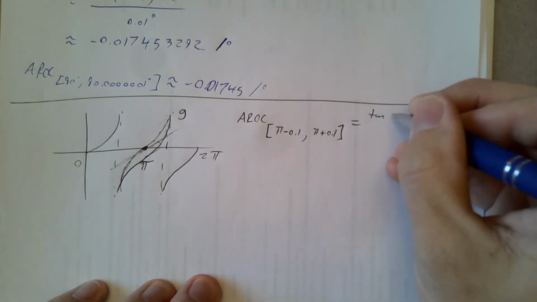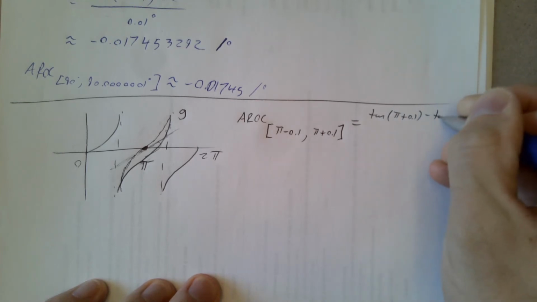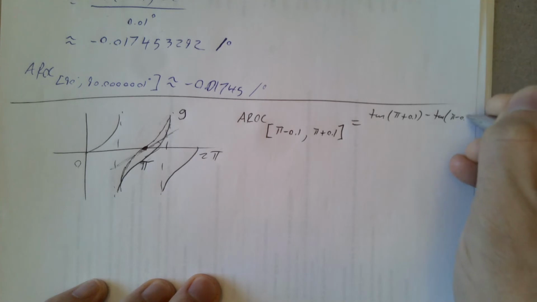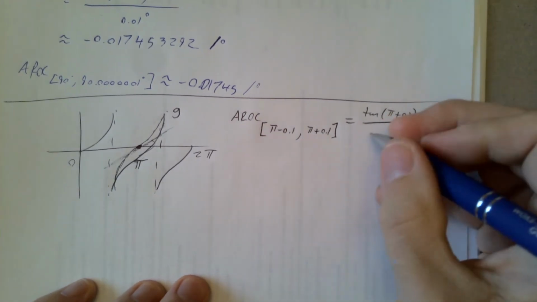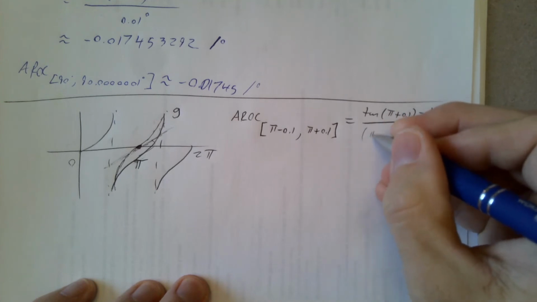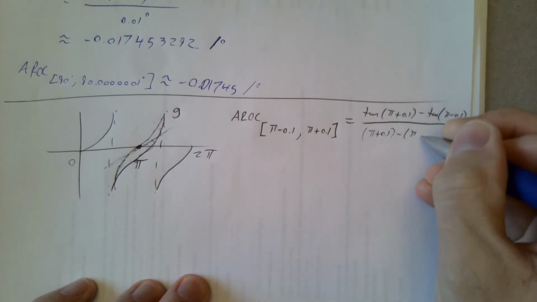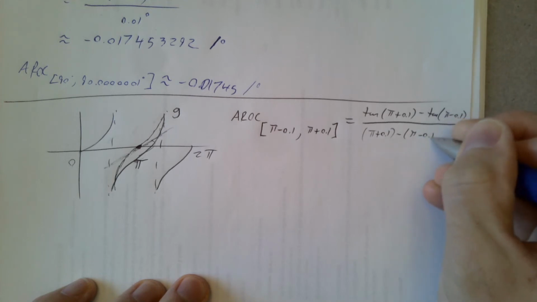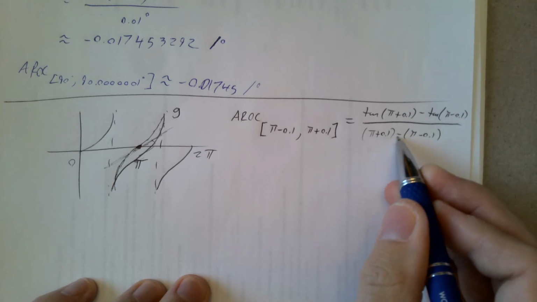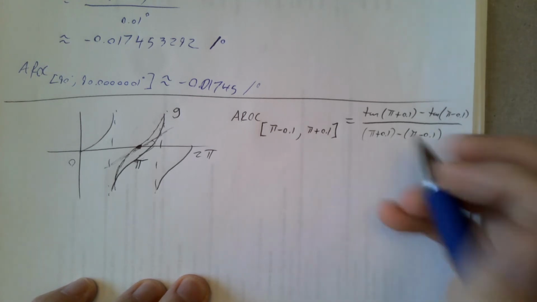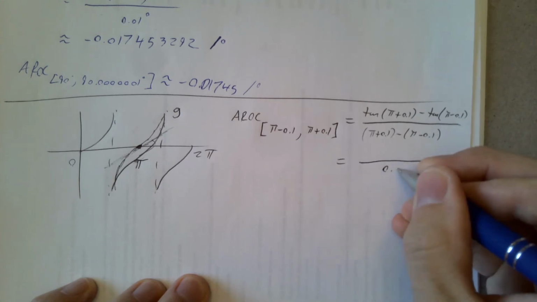This is going to be the tangent of pi plus 0.1 minus the tangent of pi minus 0.1 all over... Just be careful with your denominator here. The safest but longest approach might be to do pi plus 0.1 minus pi minus 0.1. Notice pi minus pi eliminates, and then you get 0.1 minus negative 0.1. Definitely not 0. Our denominator is going to be 0.2.